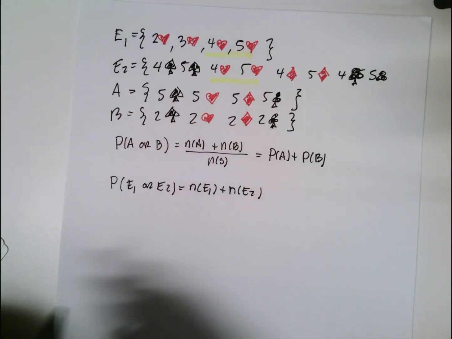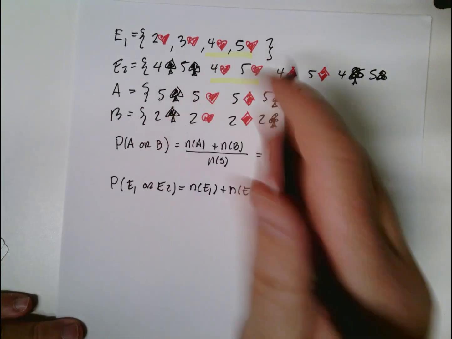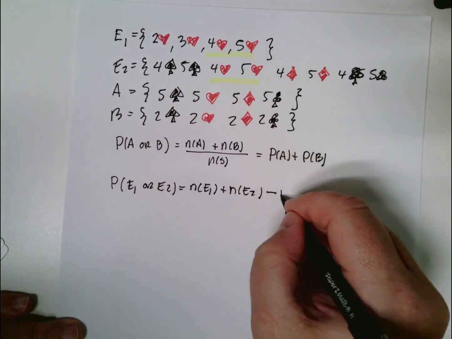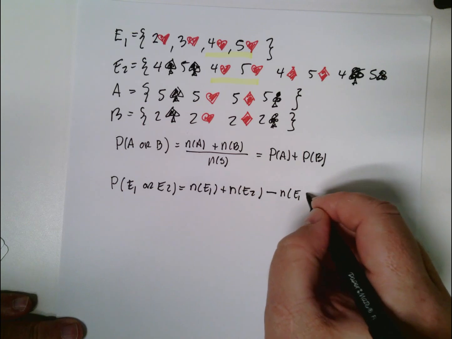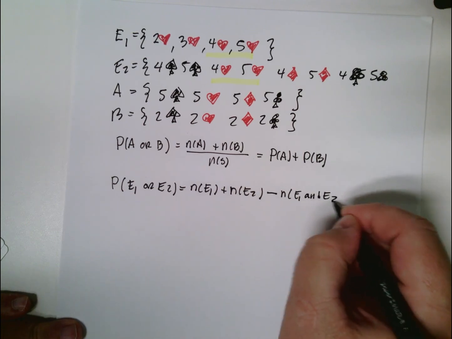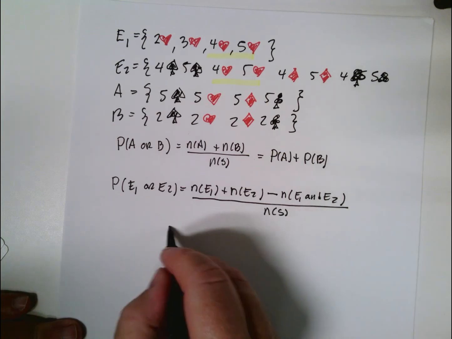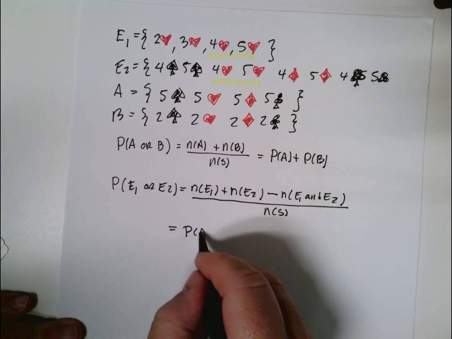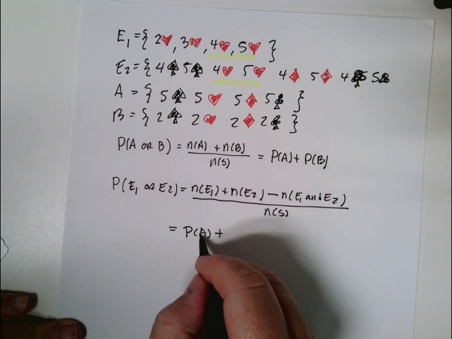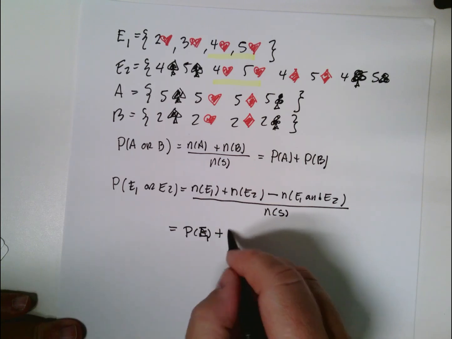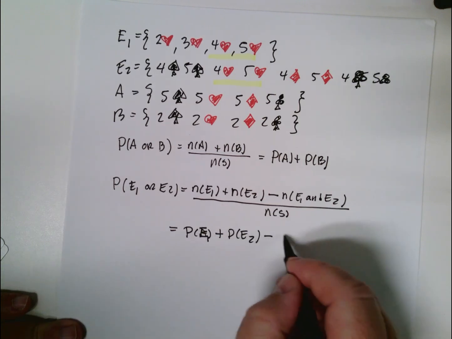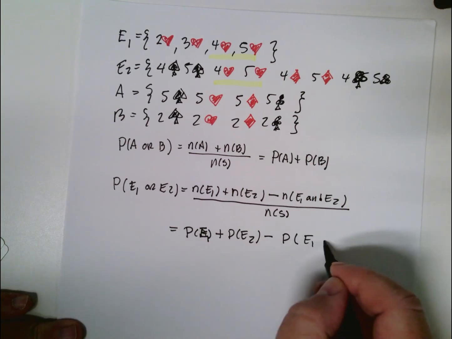So if I count them twice, I have to get rid of one of them and only count once. So I'm going to subtract out the number of things that are in both of them, which was this set here. And again, all over the things in the sample space. So the formula becomes the probability of E1 plus the probability of E2, minus the probability of E1 and E2.